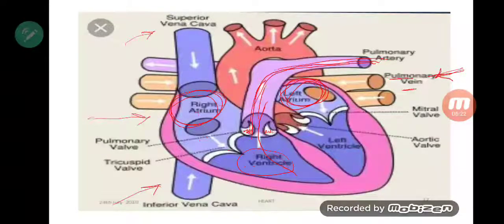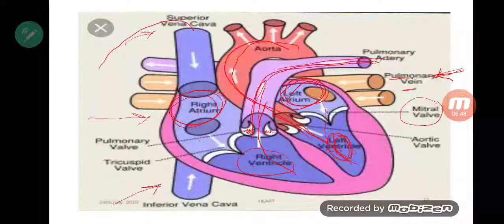After that, it goes to the left ventricle through the mitral valve, and when the left ventricle contracts, it goes to the aorta to send the blood all over the body. So the blood comes to the heart in only one direction, like this.